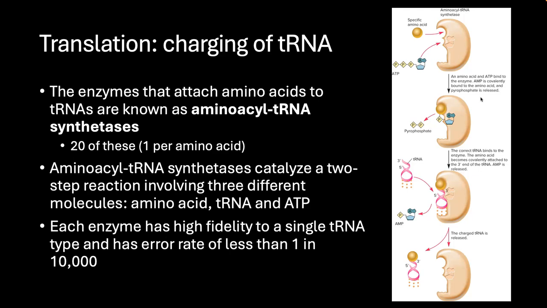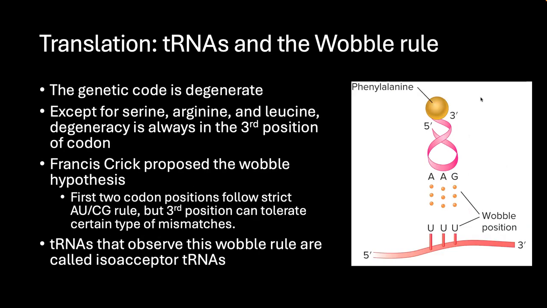The basics of this process are that in a two-step process, this enzyme matches an amino acid with the appropriate tRNA while expending a bit of energy. This process is remarkably precise and only pairs up the wrong tRNA and amino acid about 1 in 10,000 times. Once the tRNA is charged, it can proceed to finding the appropriate codon with which to match.